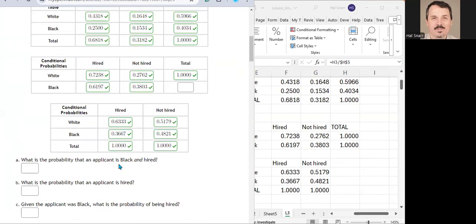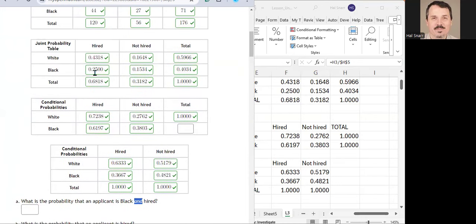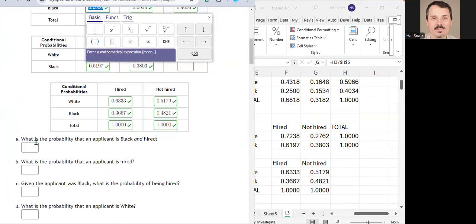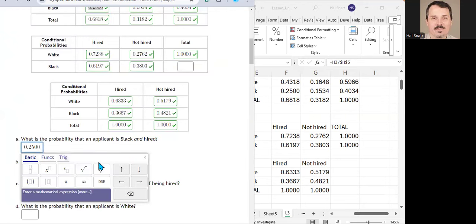What is the probability that an applicant is black and hired? Well, we have to go to the joint probability table. This is the black applicant row, and this is the hired column, right? So the intersection of this column and this row is 0.25. So the probability of being black and hired is 0.2500.